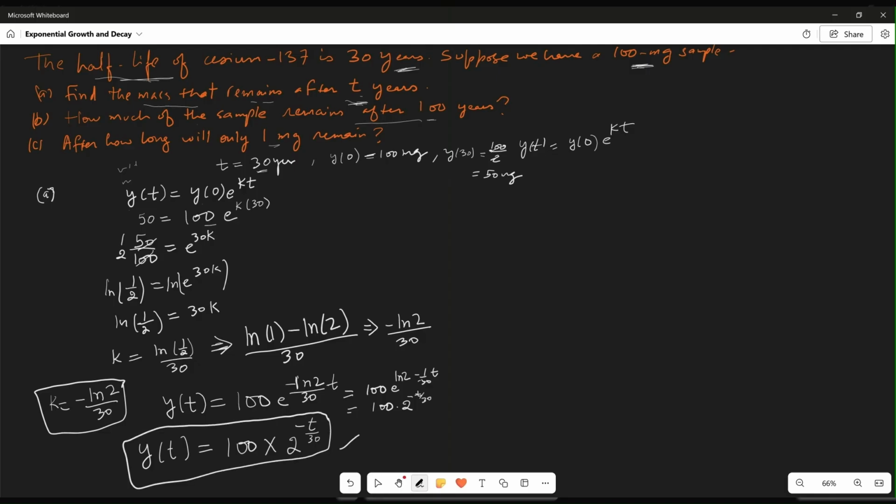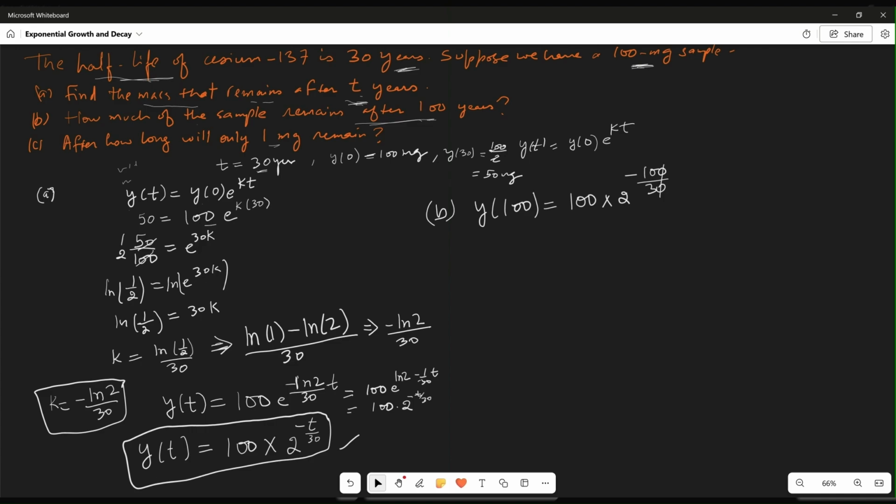So let's look at B now. How much of the sample remains after 100 years? Simply plug in the values here. Y of 100 is equal to 100 times 2 raised to the power negative 100 over 30. Let's see what we come up with. Where is my calculator?